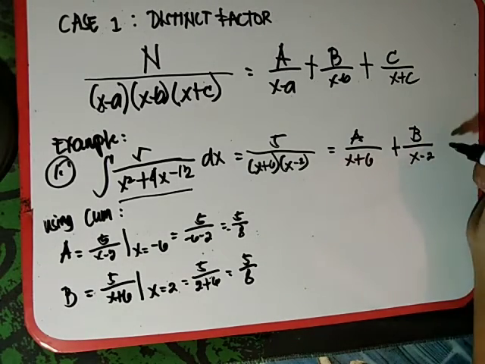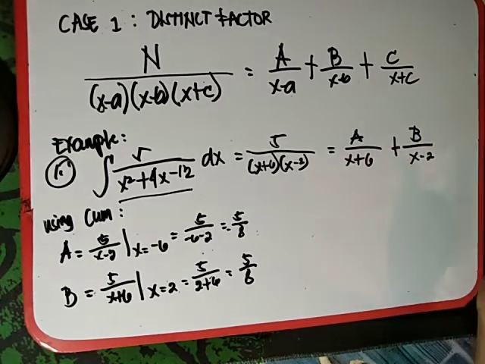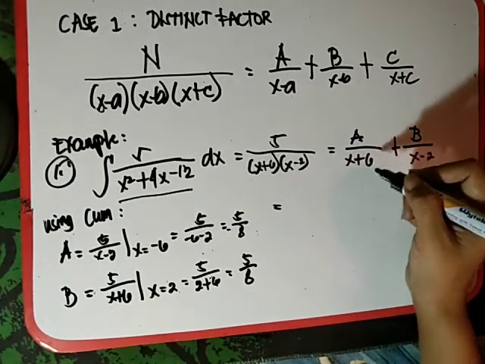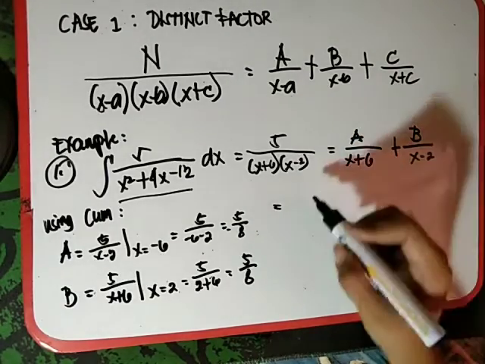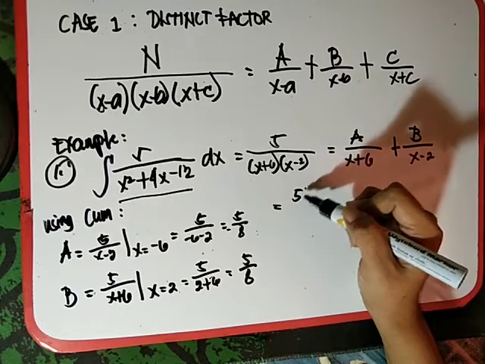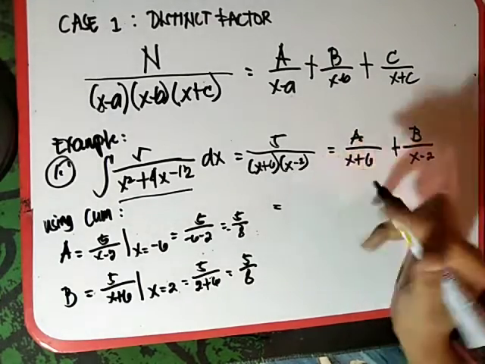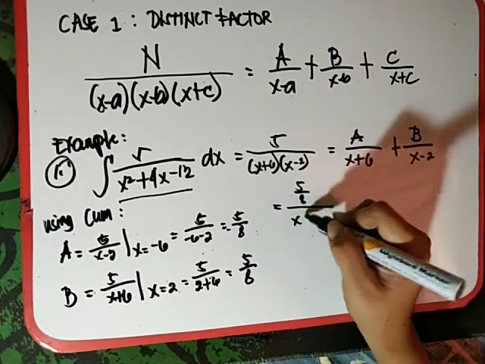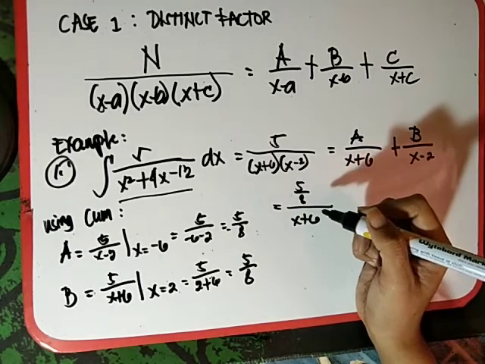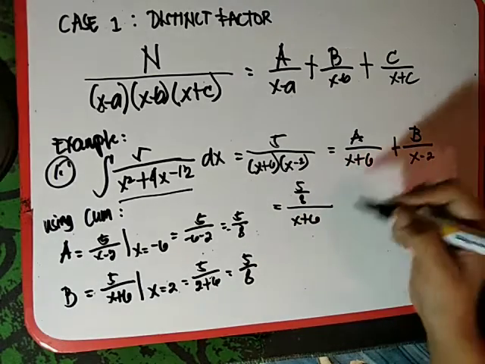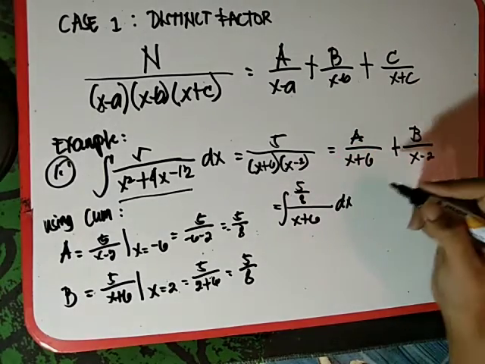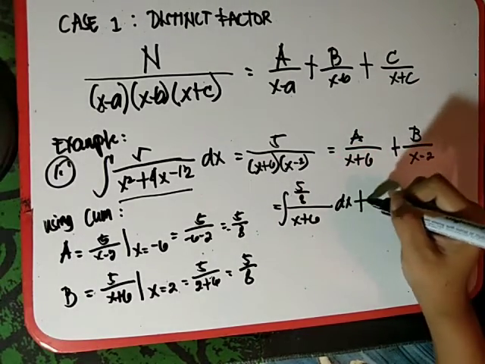So let's substitute the value of a and b. So we have the integral of the value of a, which is 5 over 8 over x plus 6 dx. I forgot to put the integral sign.